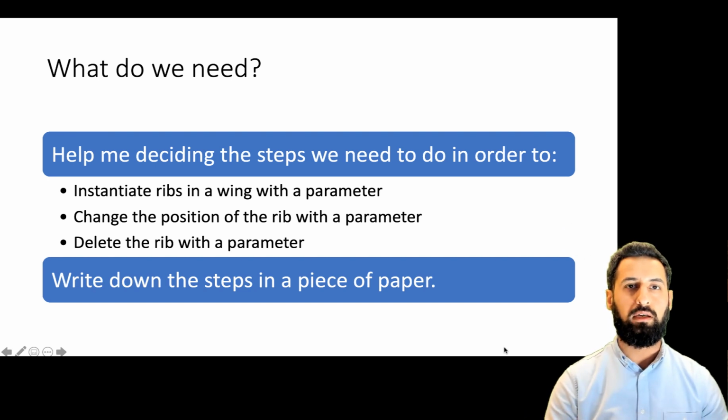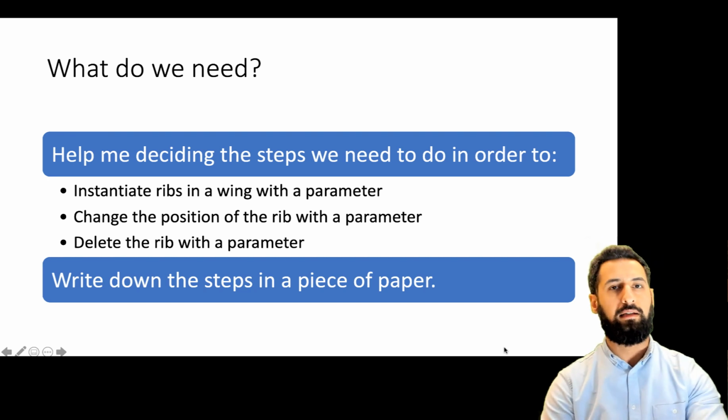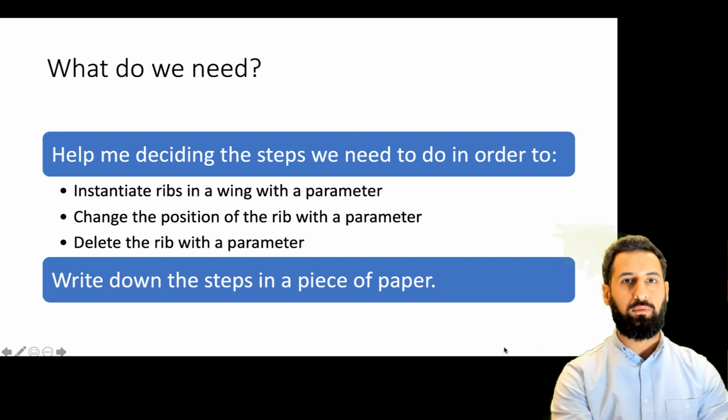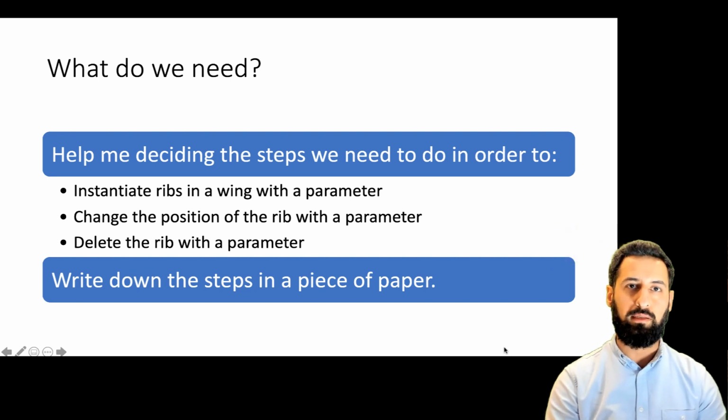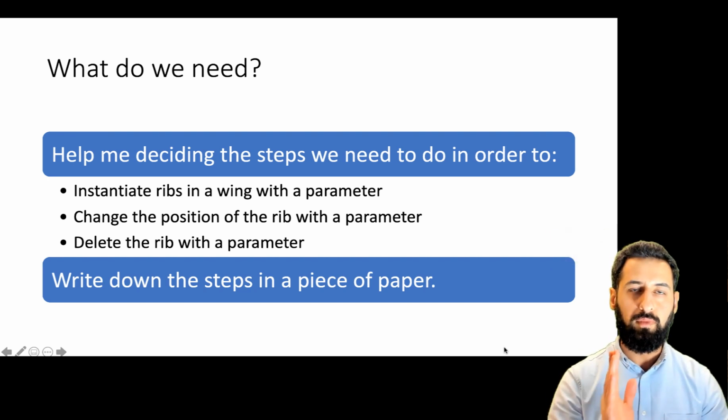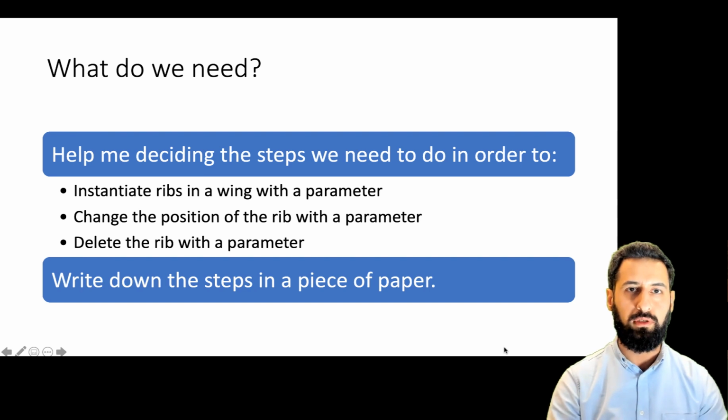Group them together and then structure them, and then those are the steps that we're going to have for our automated process as well. So here you can pause the video and then you can write down the steps. Just think about how it should be, write down the steps, and then you can compare it with my list.